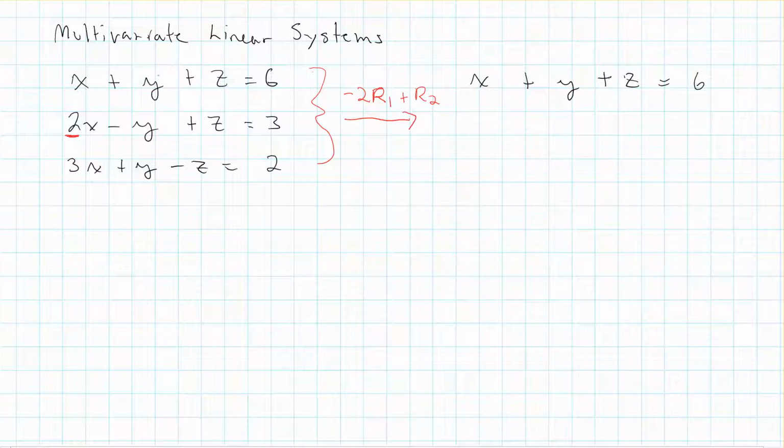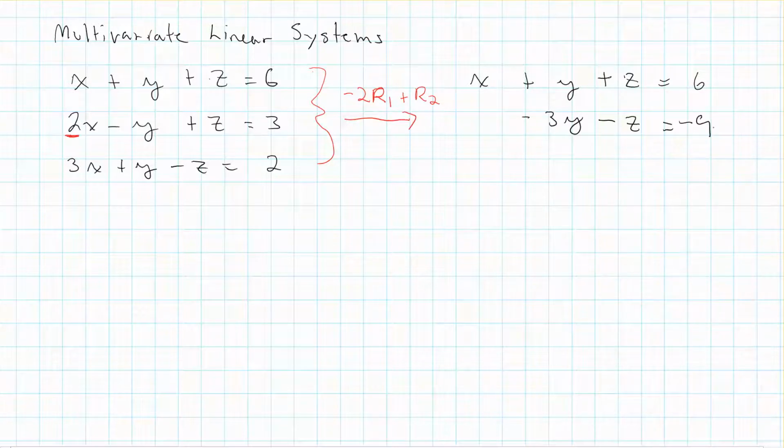Then I have -2 times y, so I have -2y plus -y, so that would be -3y. -2 times z is -2z plus z, so that would be a minus z, is equal to, well, then I have -2 times 6, which is -12 plus 3, so -12 plus 3 is -9.